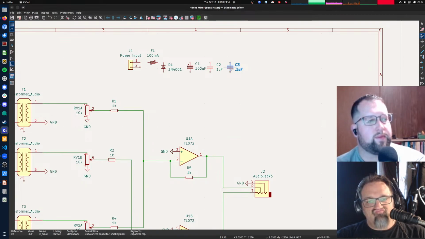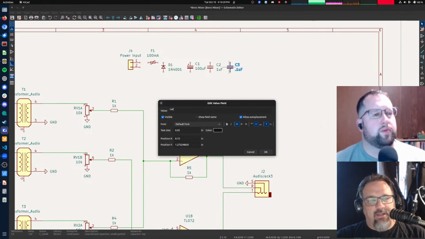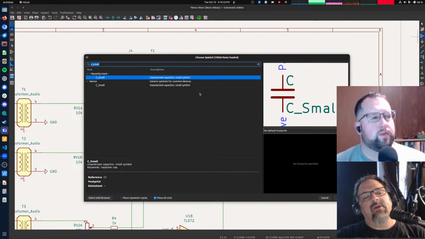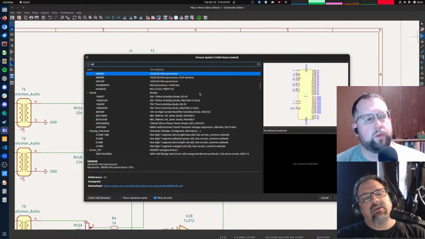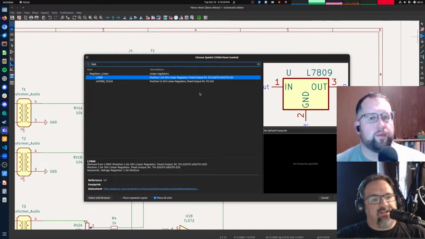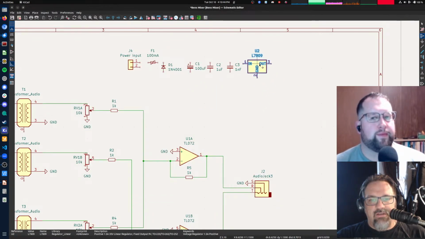Actually, 1 nanofarad. We'll do 1 nanofarad. Okay. So now we're going to do a 7809. Let's give ourselves plenty of overhead. 7809. So that is a voltage regulator.